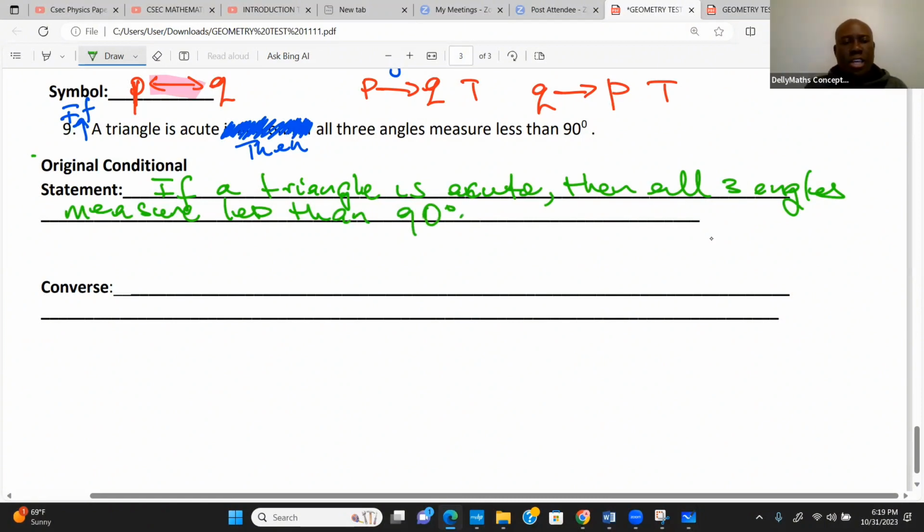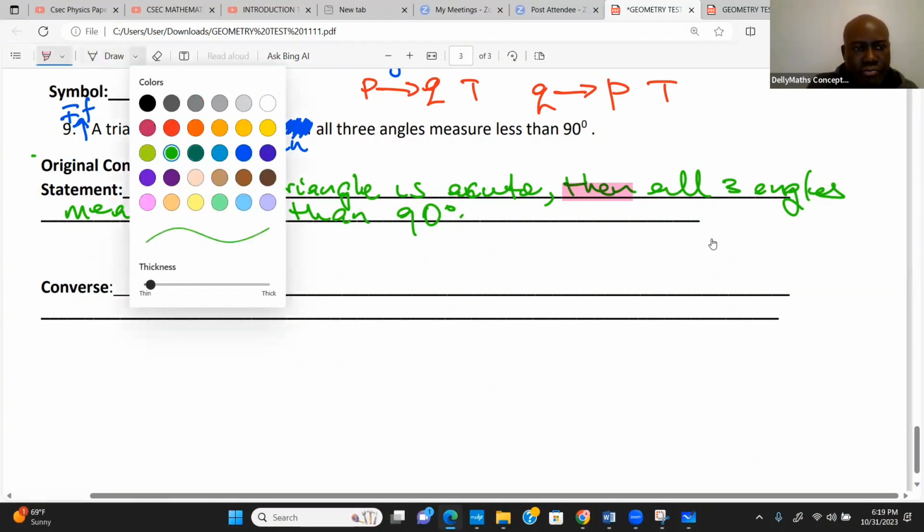So there it is. The only thing that was done was there was some replacement here. We put this in, and right here we took out if and only if, we put then. So if you look, the wording is the same, but we put the if, the then, because conditional statement must have if and then. From this, we could write the converse.